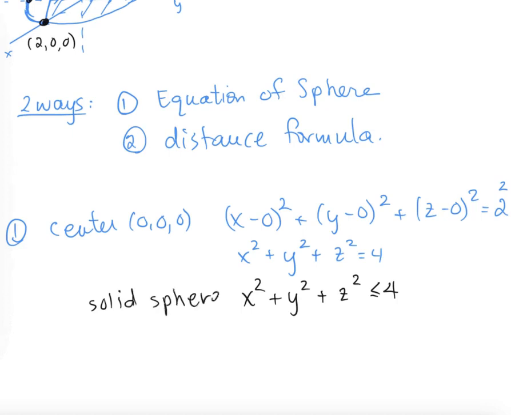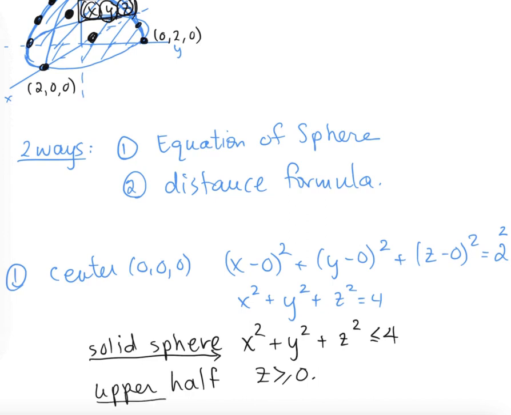But there's another criteria that needs to be met, which is that it is the upper hemisphere, so the top half. And to get the upper half of that sphere, we're going to need to restrict the z values to being positive, right? These have to be greater than or equal to 0. That would give me the top half of the sphere.